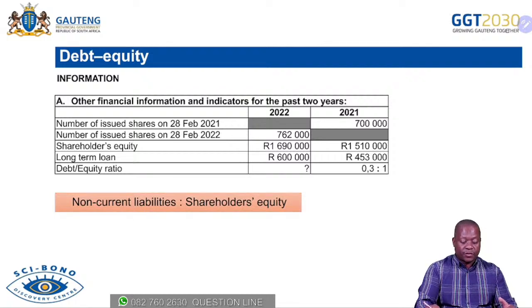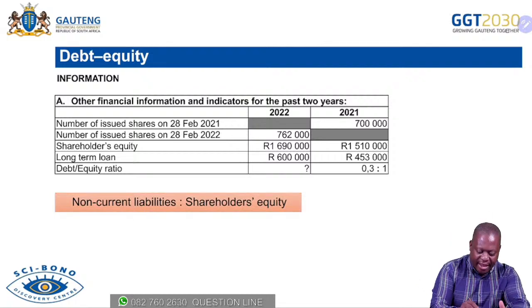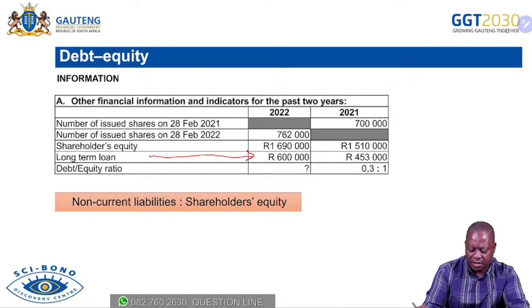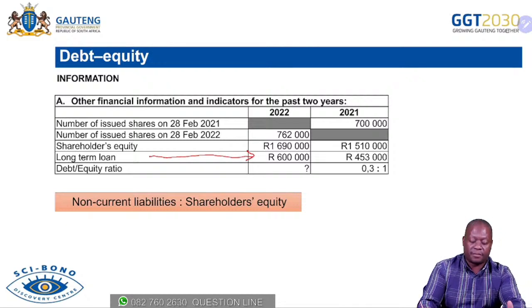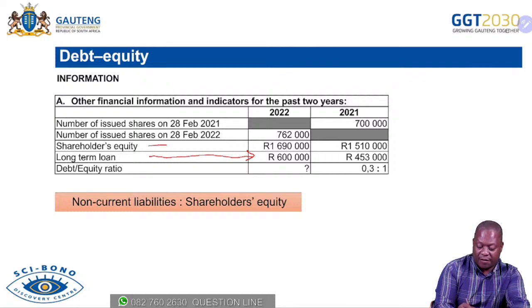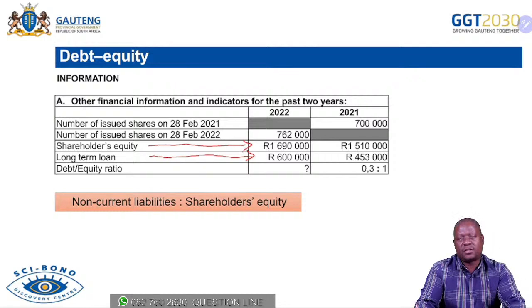Now, we are going to check, do we have the figure that represents our non-current liabilities? There we are, long-term loan, that's our non-current liabilities, 600,000. And then we also have a figure representing our shareholders' equity, 1,690,000.